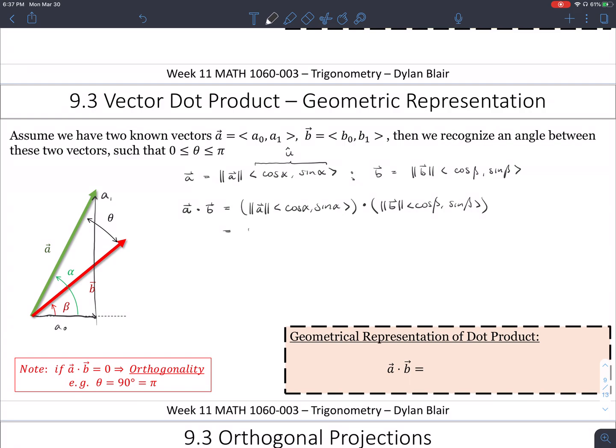So we're just going to pull these scalars out all the way to the front. These are scalars, it's just the length of a vector. That's just a scalar property. It doesn't reproduce a new vector, it's just the length. And then we're going to take cosine of alpha, sine of alpha, and dot that with cosine of beta, sine of beta.